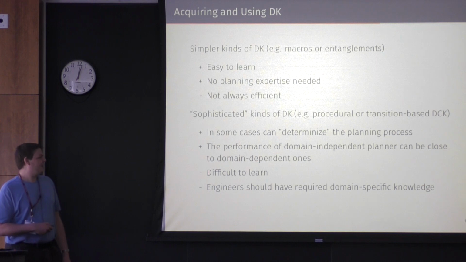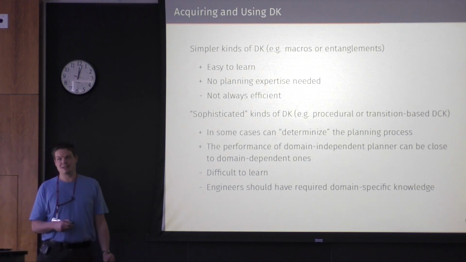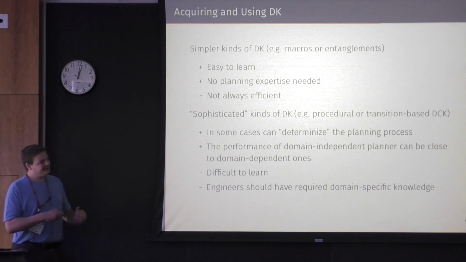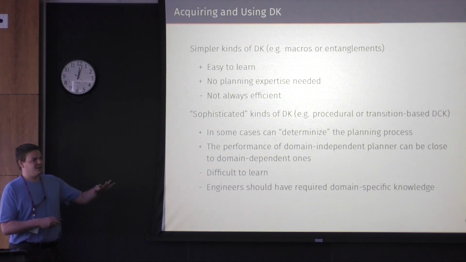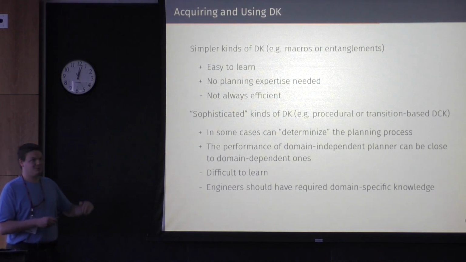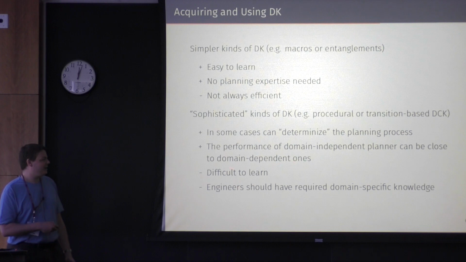On the other hand, it is not easy to automatically learn. There was a paper in the last ICKEPS that was able to learn procedural domain control knowledge to some extent. There are still some problems, because I think this was limited by the number of lines of code that the procedure can have. That's why this is quite difficult to learn.